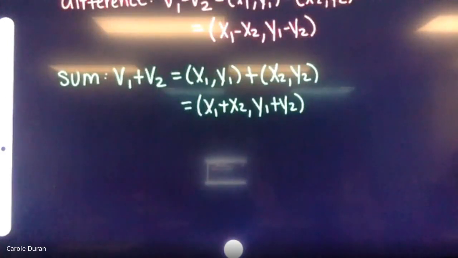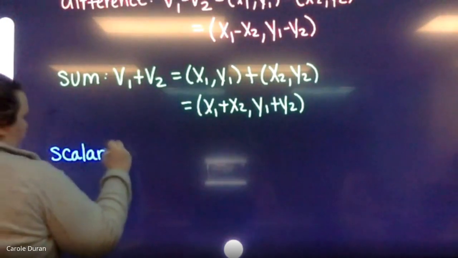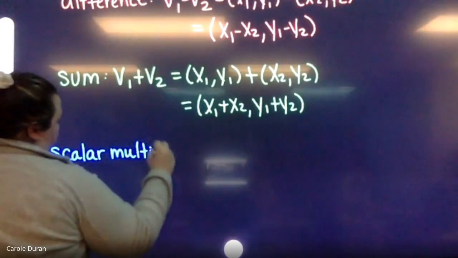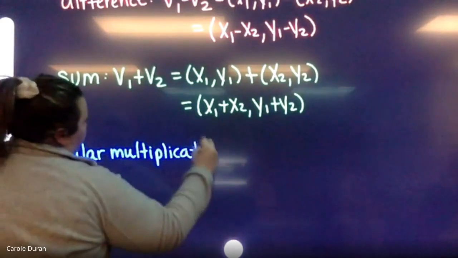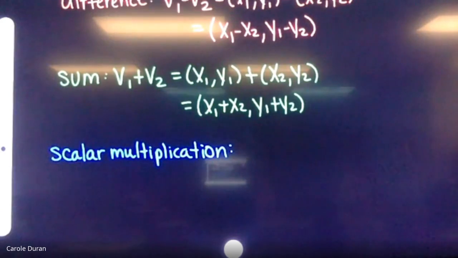And then we have something called scalar multiplication. Scalar here just means that it's one number. So for scalar multiplication, I'm going to have one number that's going to be multiplied into a vector.